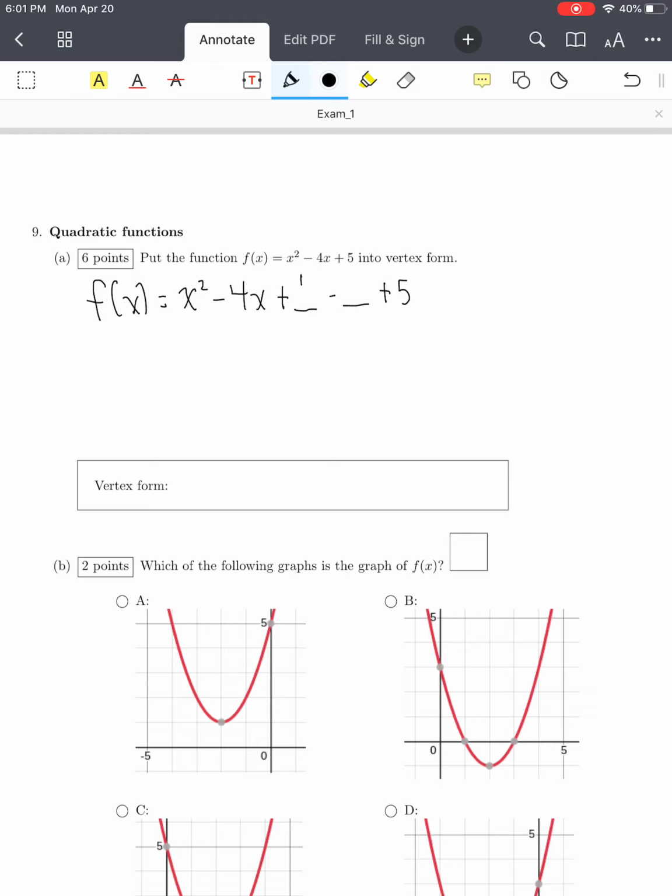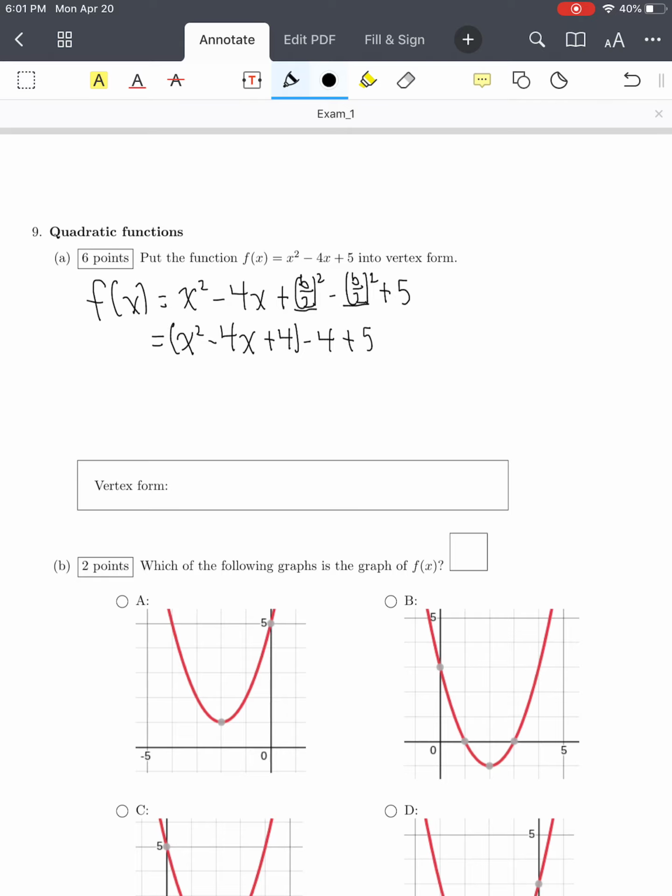So what we're going to add and subtract is b divided by 2 squared. So in this case, b is negative 4. So negative 4 divided by 2 is negative 2. Negative 2 squared is 4. So I'm going to add 4, subtract 4.